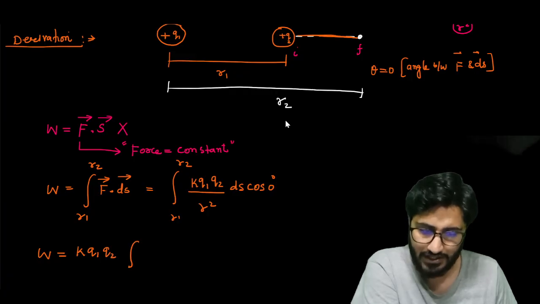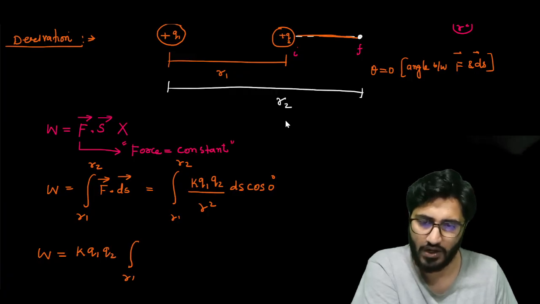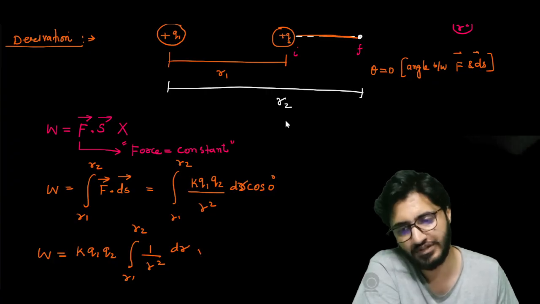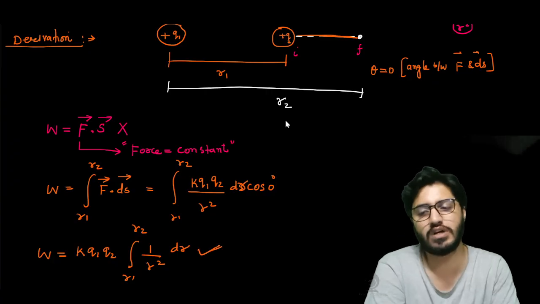Now I will integrate from R1 to R2 only 1 by R square with respect to dr. There is no issue, no? dr, and cos 0 is 1. So this is my expression to calculate the work done.